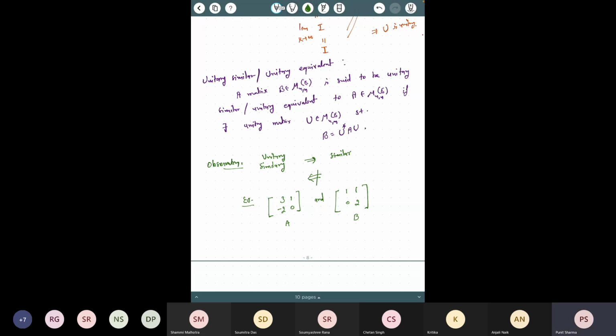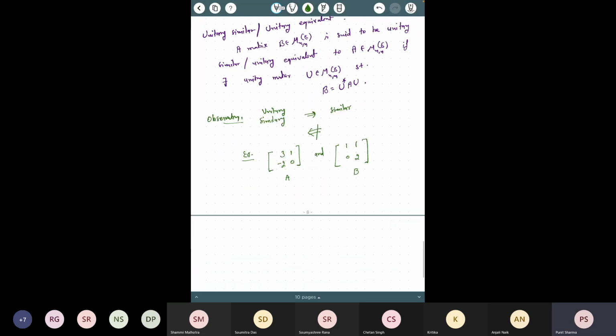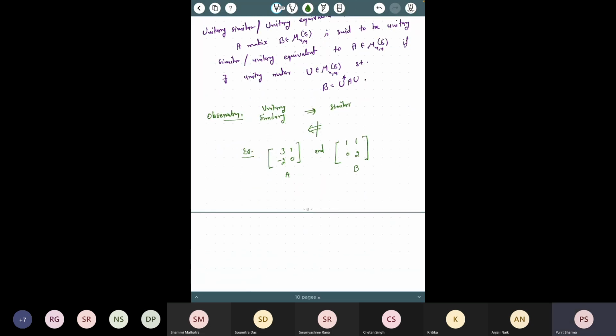Because if A and B are unitarily similar, then their Frobenius norm has to be the same. But you compute the Frobenius norm of A and of B, and they are not the same. So they are similar but not unitarily similar.